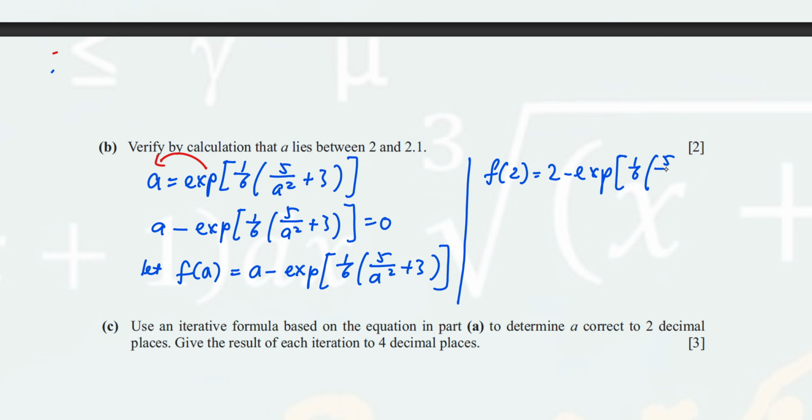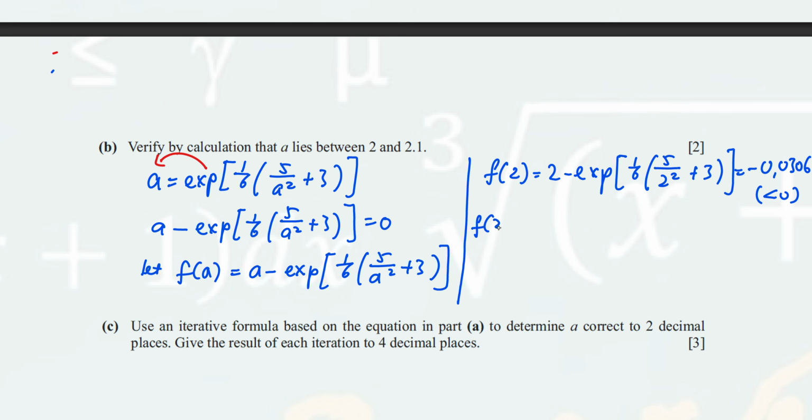Calculate both values. Then f(2) is going to be negative 0.0306, which is less than 0.